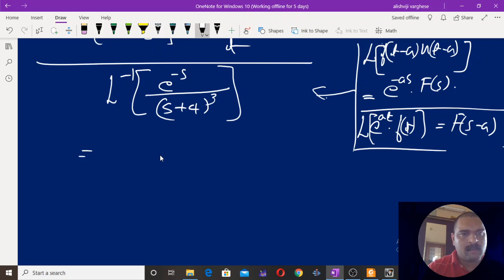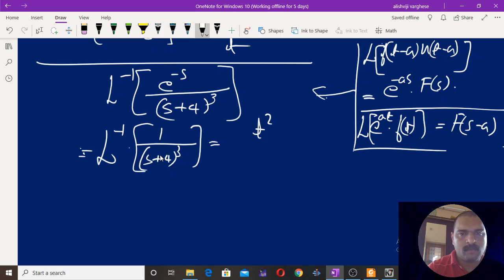Let us start with the L inverse of 1 by (s plus 4) the whole cube, and this is equal to t raised to 2 divided by 2 factorial into e raised to minus 4t.